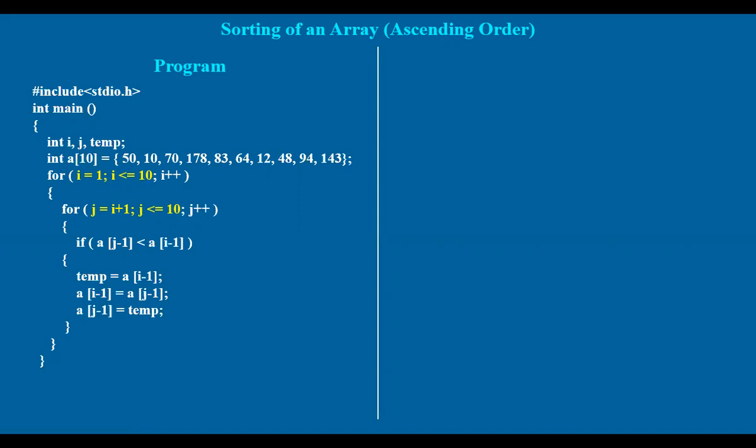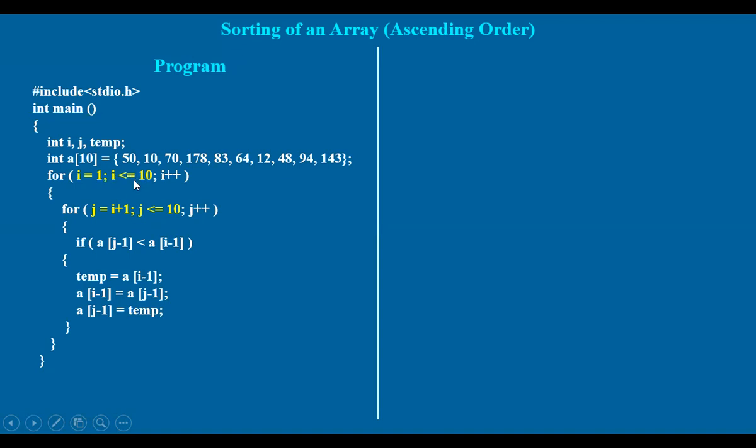Right. Now, coming to this, again I'm comparing these numbers from i plus 1. i is 1, 1 plus 1, 2. That is, I'm comparing from the second number to the 10th. Here also I put an equal to symbol. That means I'm comparing the numbers from 1 to 10.